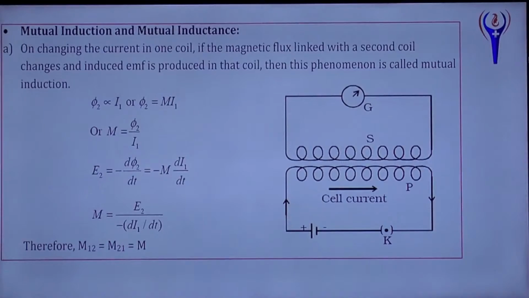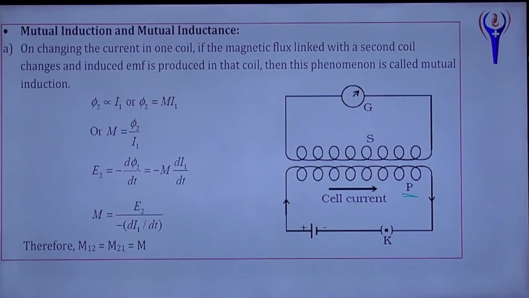P is the primary coil; if there is a change in the current in it, the magnetic flux linked with the secondary coil changes and it induces an EMF, shown by the galvanometer deflection.